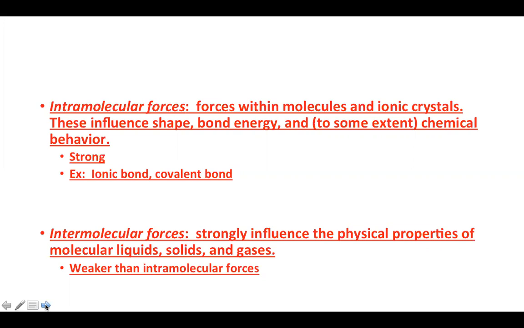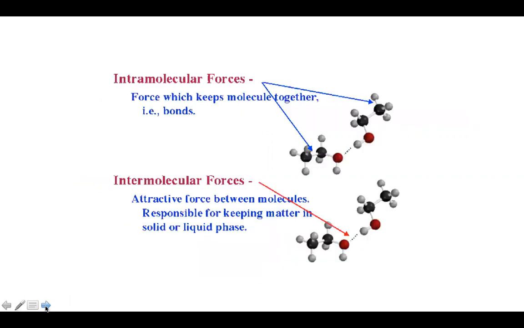So intermolecular forces will strongly influence physical properties of molecular liquids, solids, and gases, and they are weaker than intramolecular forces. So for intermolecular forces, we're going to look at molecules, which if you recall are covalent compounds.